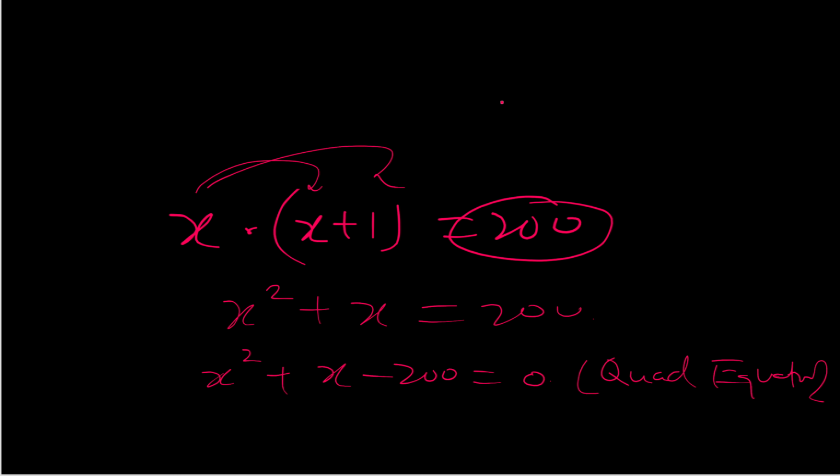If you go to your calculator, you choose option. There is an option that you can solve ax squared plus bx plus c equals to 0. You just need to key in your a, b, c. So the a in this case is 1. The b in this case is 1. The c in this case is minus 200. So you key in 1, 1, minus 200, then they will tell you what's your x.